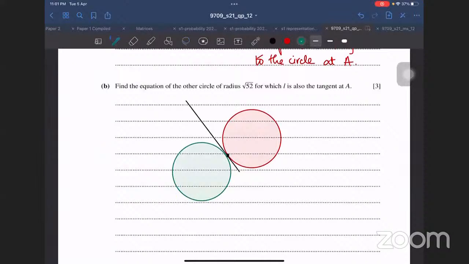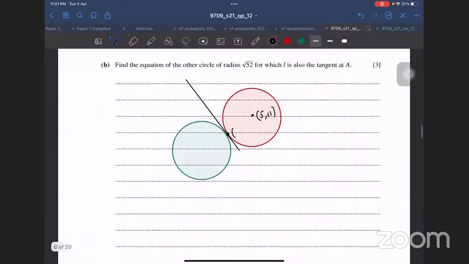radius. So what I'm going to tell you here is something about reflections. If this point is 1 comma 5, then there must be another center here. What is that other center?